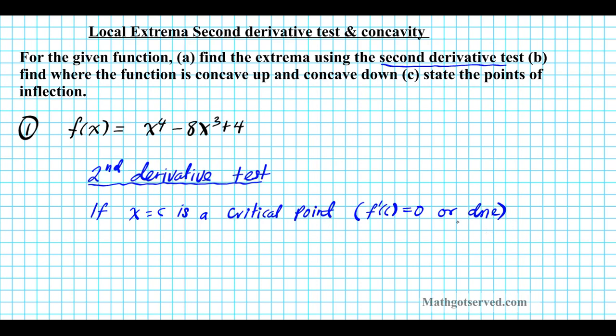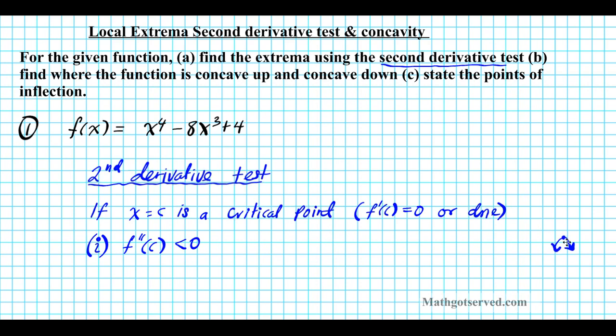So if we have this initial condition, then part I, if the second derivative at that critical point is less than 0, if you have a negative sign to your second derivative at that critical point, what we have is a downward facing concavity, okay? So you're going to be concave down.